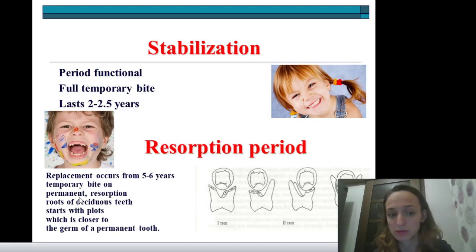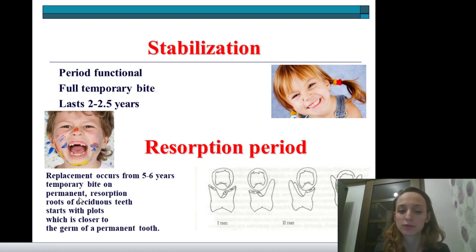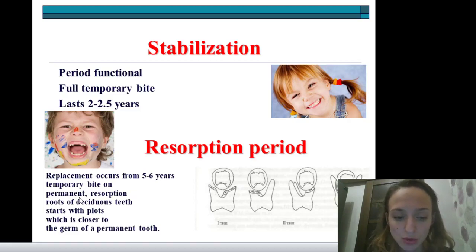So what about stabilization? This period of functional and full temporary bite lasts 2 to 2.5 years. Replacement of the temporary bite by a permanent one occurs from 5 to 6 years. Resorption of the root of deciduous teeth starts at the spots closer to the germs of the permanent teeth.